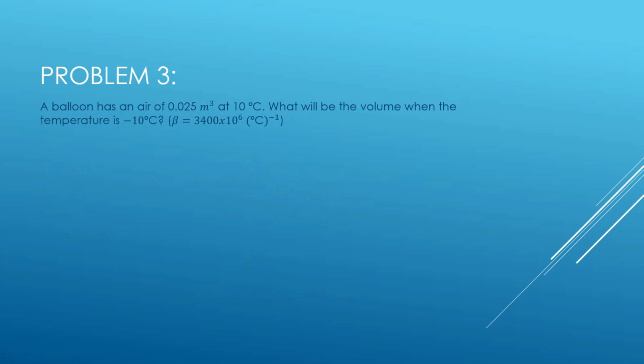Okay, problem 3. A balloon has an air volume of 0.025 meters cubed at 10 degrees Celsius. What will be the volume when the temperature is negative 10 degrees Celsius? So the given: the initial volume is equal to 0.025 meters cubed. Initial temperature is equal to 10 degrees Celsius and final temperature is negative 10 degrees Celsius.